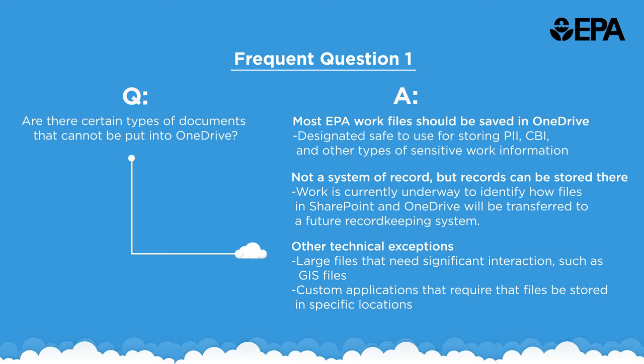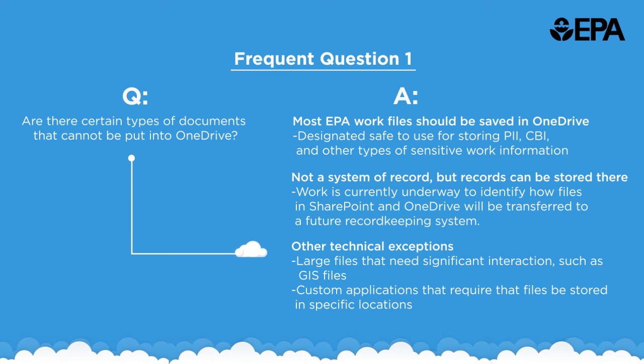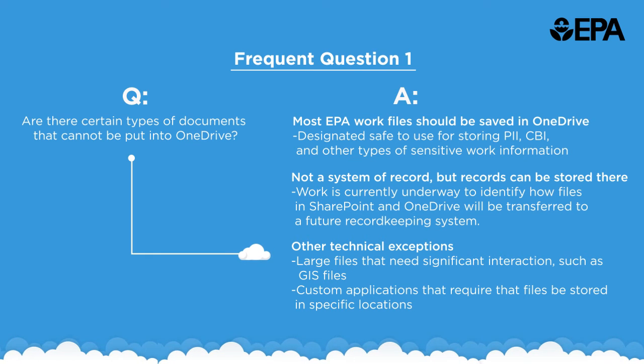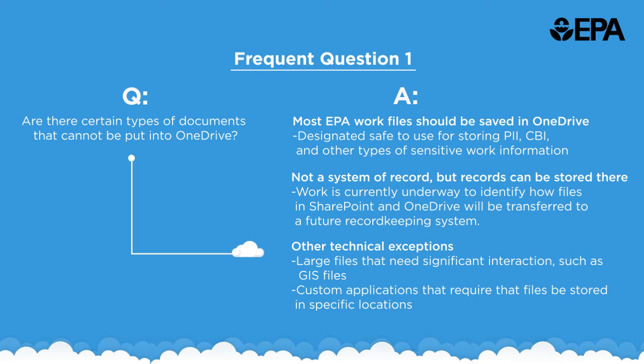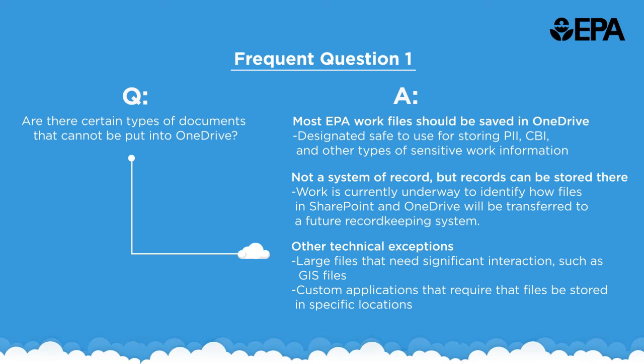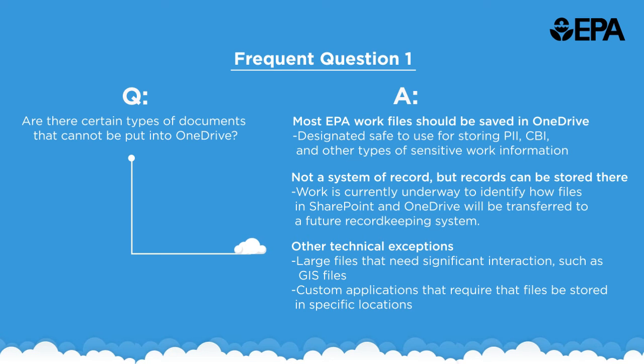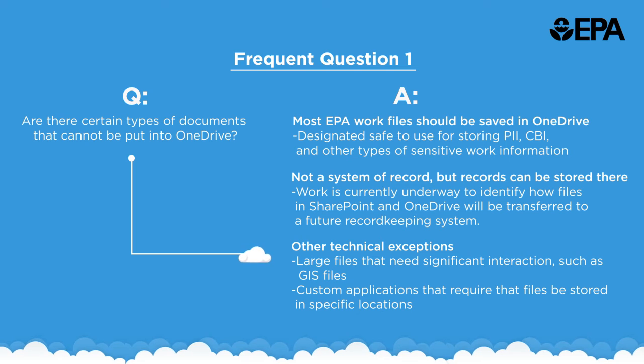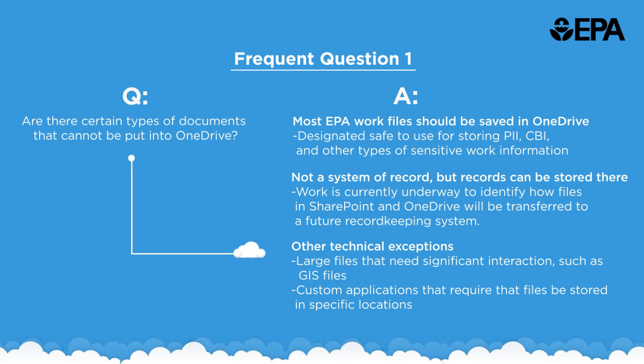First, are there certain types of documents that cannot be put into OneDrive? The answer is that most EPA work files should be saved in OneDrive. It is designated safe to use for storing PII, CBI, and other types of sensitive work information. Also, although OneDrive is not a system of record, records can be stored there.